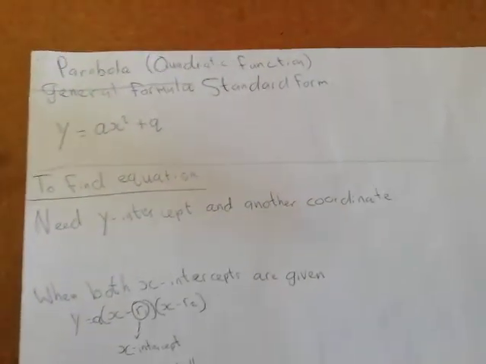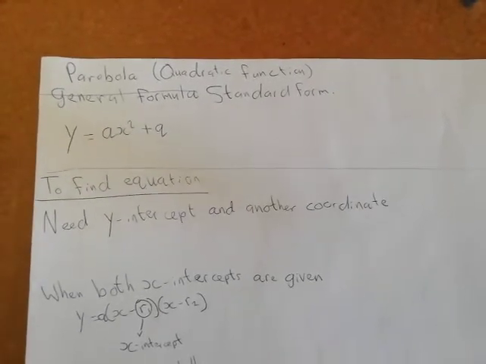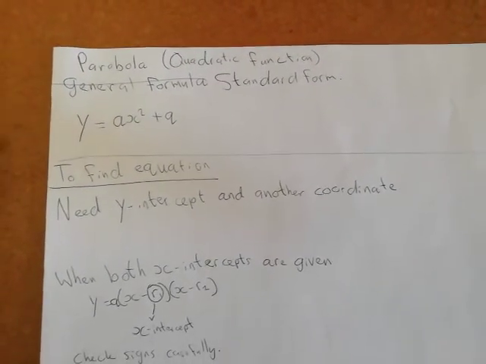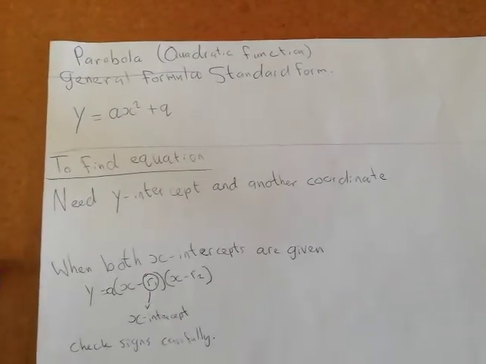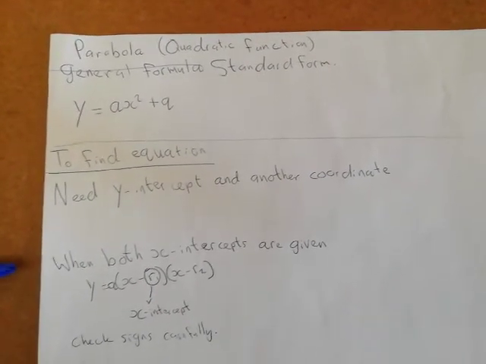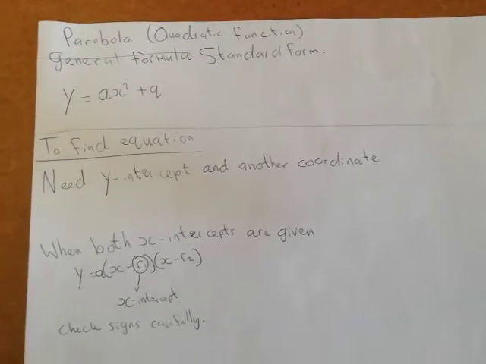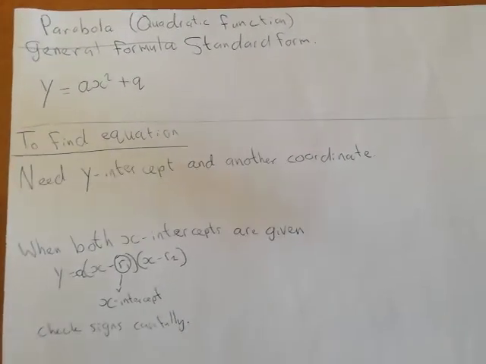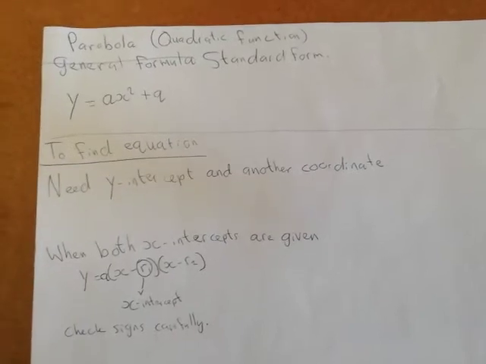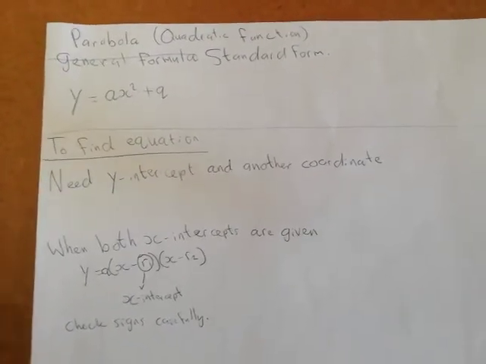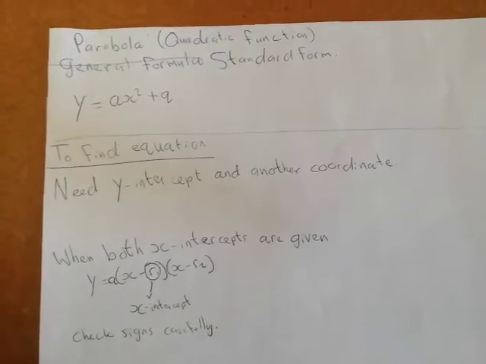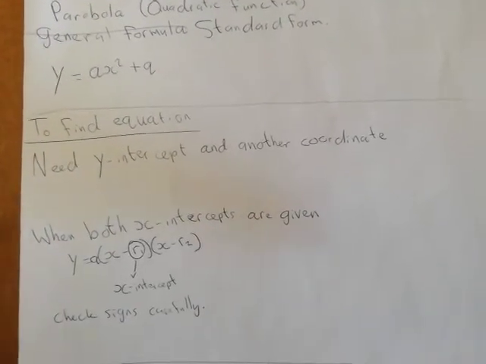So, to find the equation of a quadratic function or a parabola, you need to find your y-intercept and at least one other coordinate. They will give you either your y-intercept and one other coordinate, or your two x-intercepts and one other coordinate to work from.